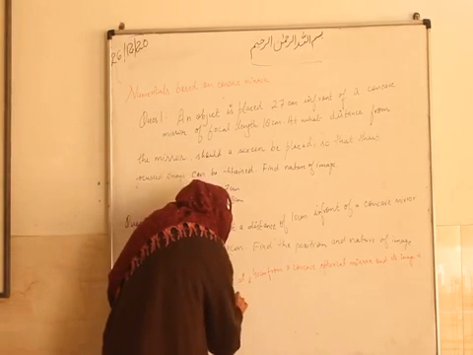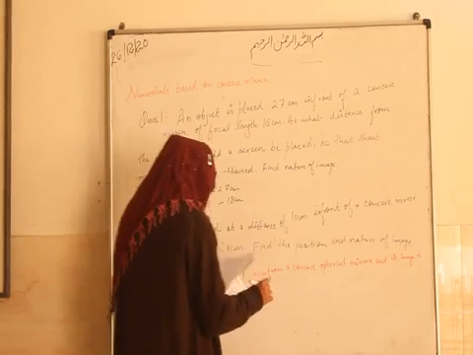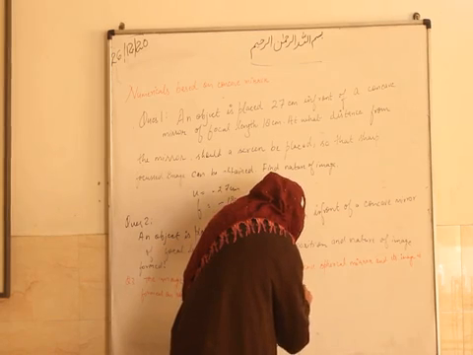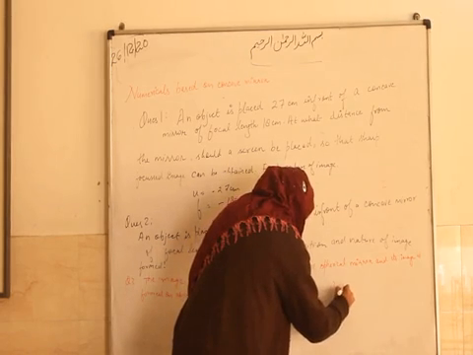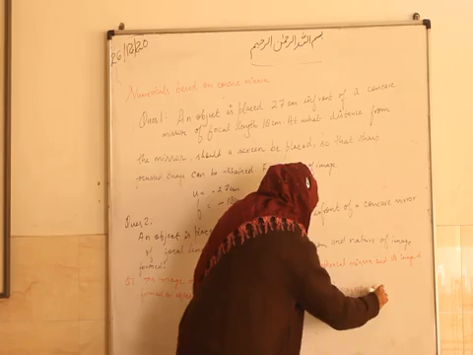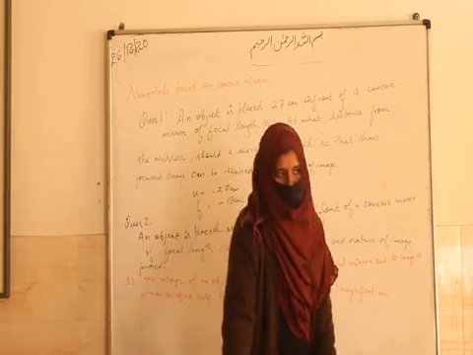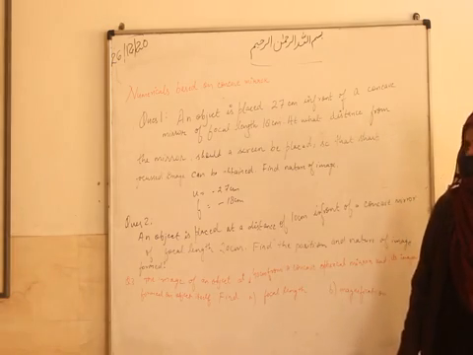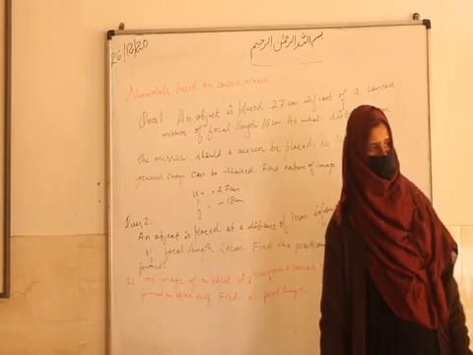Find focal length and magnification. Because one case is there in a concave mirror in which it makes a virtual and erect image, which is between focus and pole. Between pole and focus. Yes.